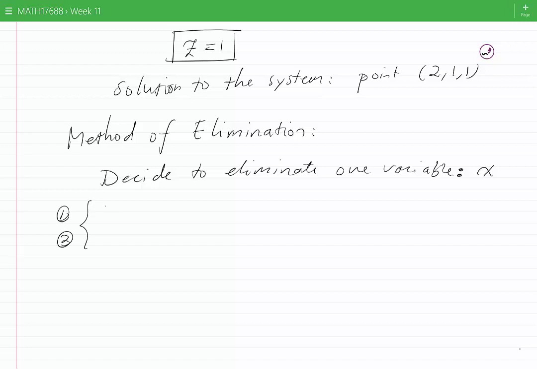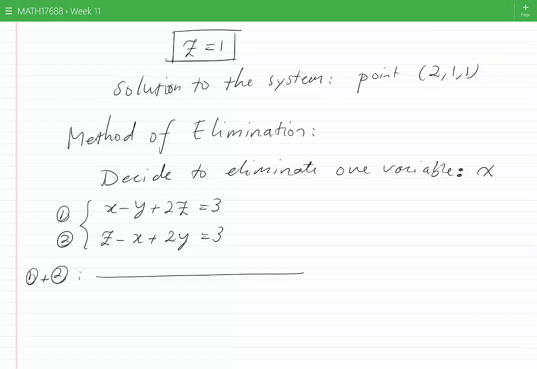They read x minus y plus 2z is equal to 3 and z minus x plus 2y is equal to 3. I observe that if I add these 2 equations, the term x will cancel on the left hand side. Let's add these 2 equations, 1 plus 2.